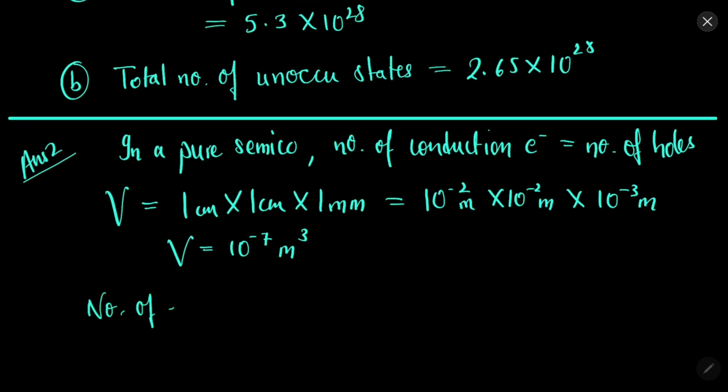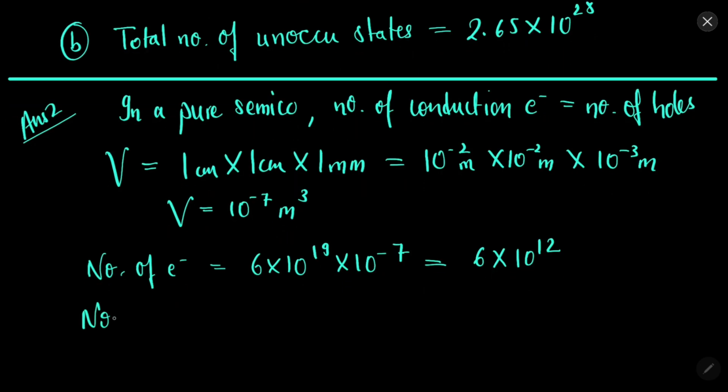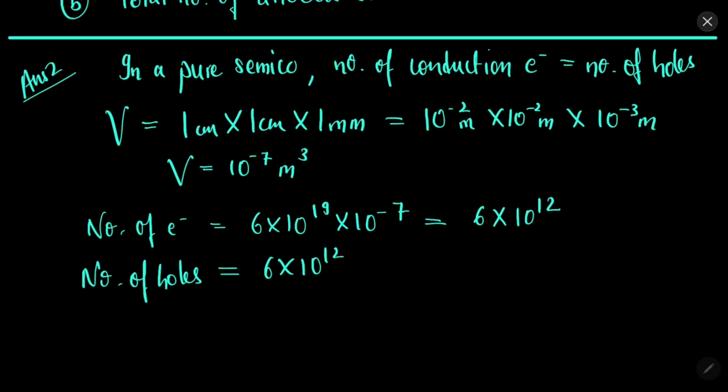So number of electrons will be 6 into 10 to the power 19 into 10 to the power minus 7. These are the number of electrons per cubic meter, that's why we are multiplying it with meter cube. So it will give us 6 into 10 to the power 12 electrons. So this will also be the number of holes, because in intrinsic or pure semiconductor, holes and electrons number are same.